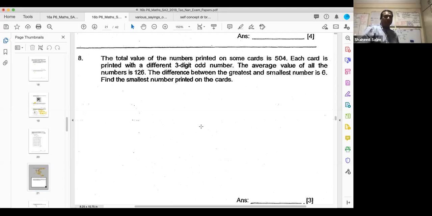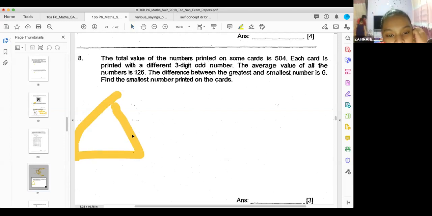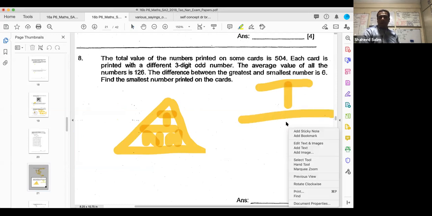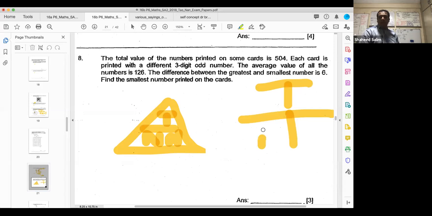You must use the formula. There's a formula for average. Okay, down here is total. Down here is average, and this is number. This one is Tan. Remember, Mr. Tan.